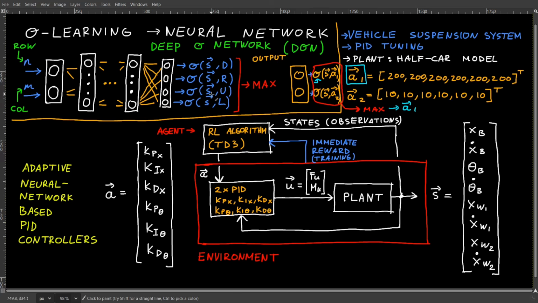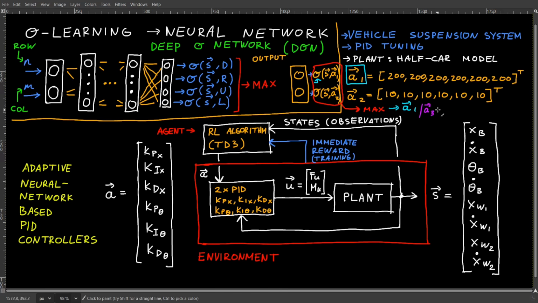No matter in which state you were, you could only take 4 possible actions, and therefore you would have 4 Q values as the output neurons. In this example with PID constants, no matter your state, you could only have 2 possible action vectors, A1 and A2. So you would only have 2 Q values given by the 2 output neurons.